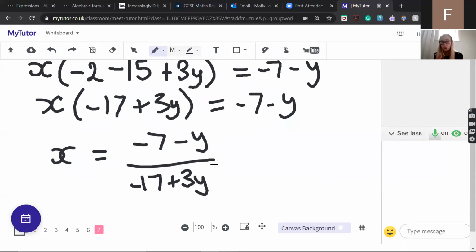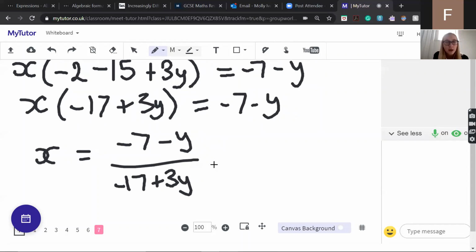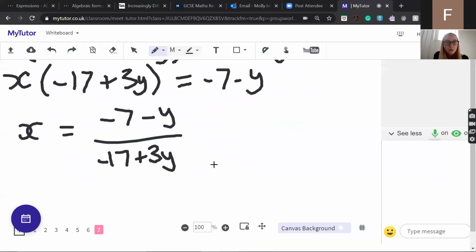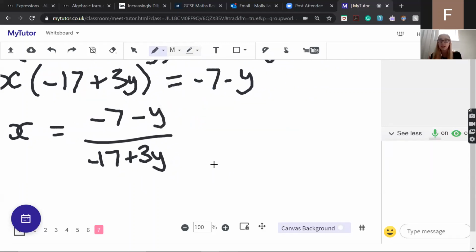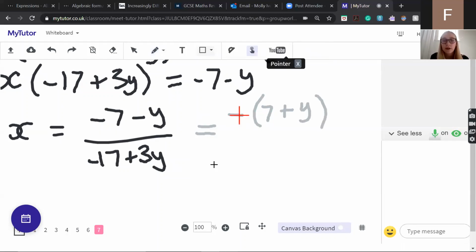I'm just going to quickly show you that little advanced bit of getting rid of some of those negatives. So again, do not worry if you are confused by this, especially if you're Key Stage 3 or doing foundation. But it is good to try to understand, because it's not too bad. I think it just seems overwhelming to start with. So what we're going to do is we're going to take out this factor of a negative. So we get 7 plus y, because that's minus 7 minus y.